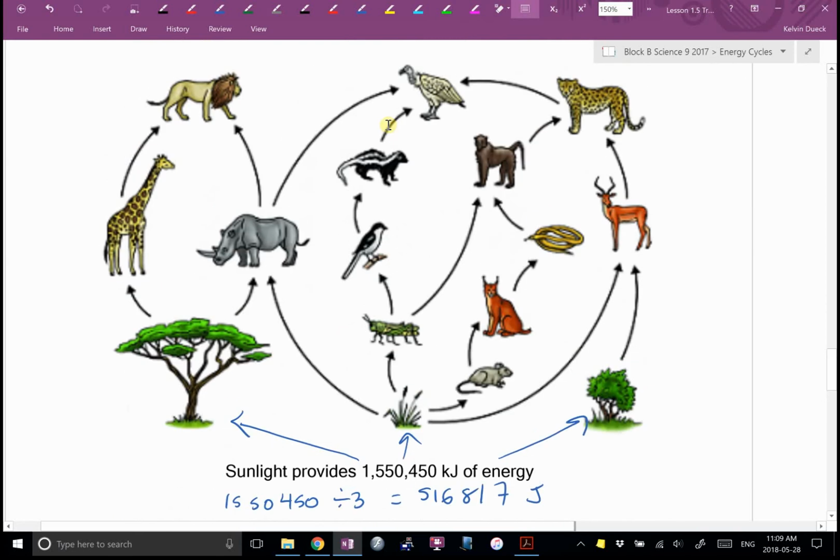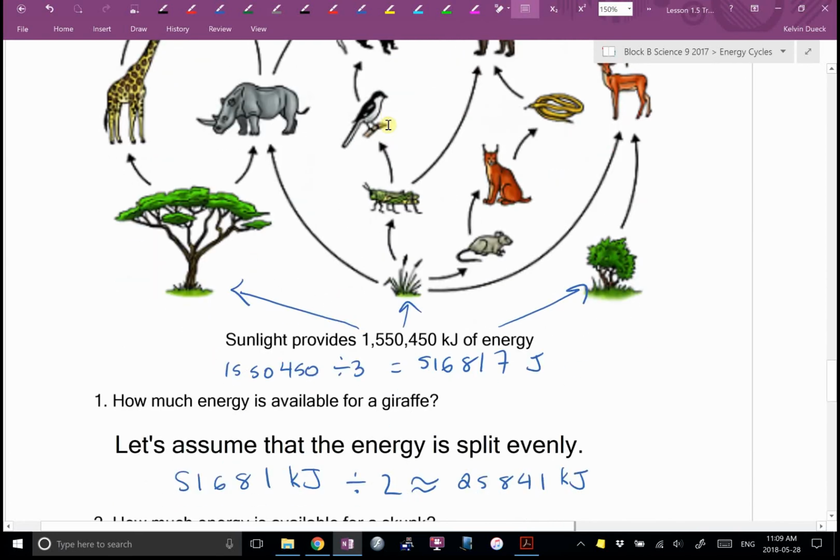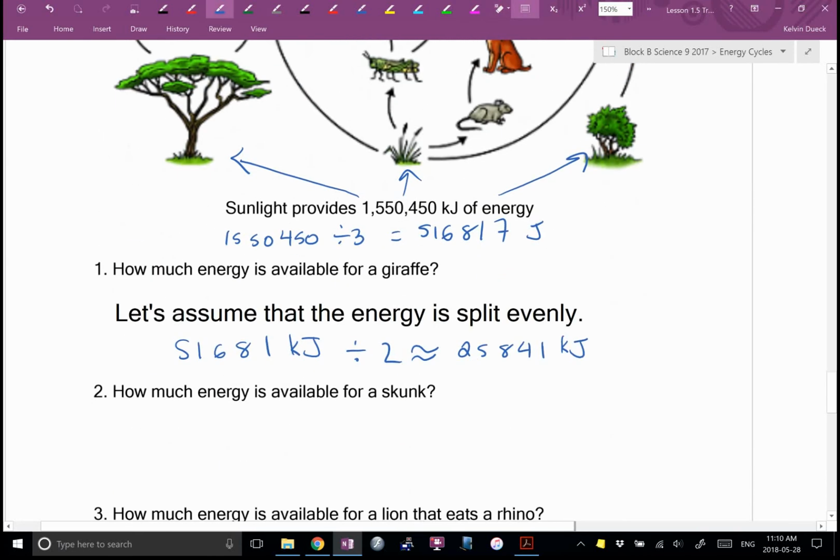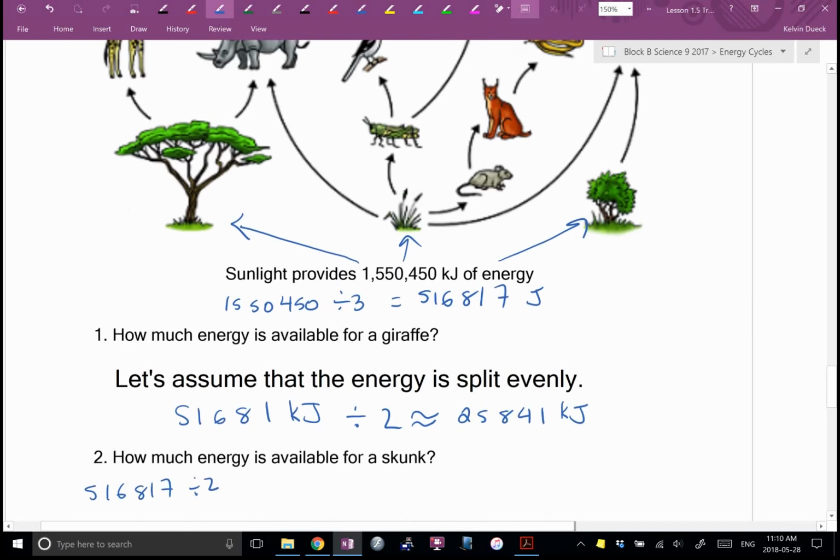Okay, so if we wanted to walk through this, what would we do? We would start here with 516,817. Grasshopper, because we already know how much it is on the second level. Okay, so you're saying start there with the grasshopper. And that would be that number.